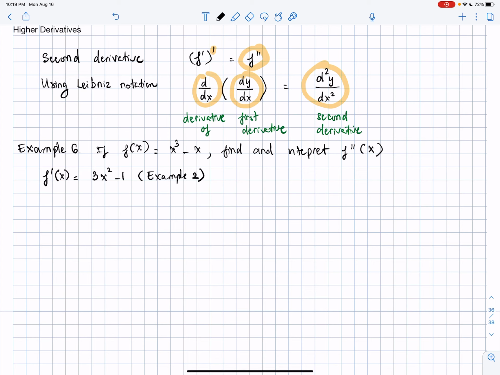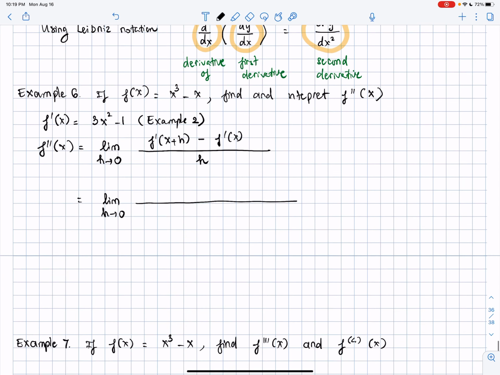If we take the derivative one more time for this function, we will get the second derivative. By definition, it is the limit as h approaches 0 of f prime of x plus h minus f prime of x, divided by h. Now we plug in the f prime.